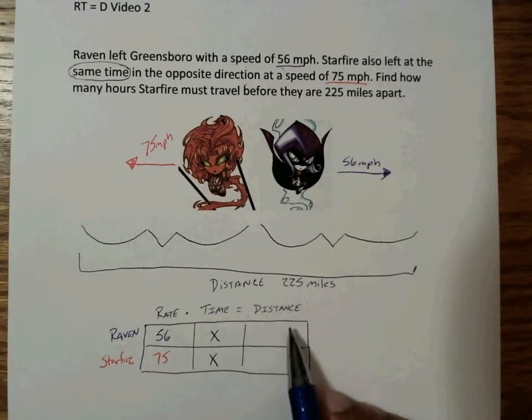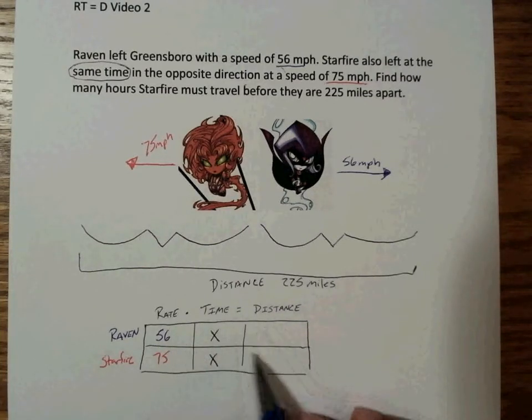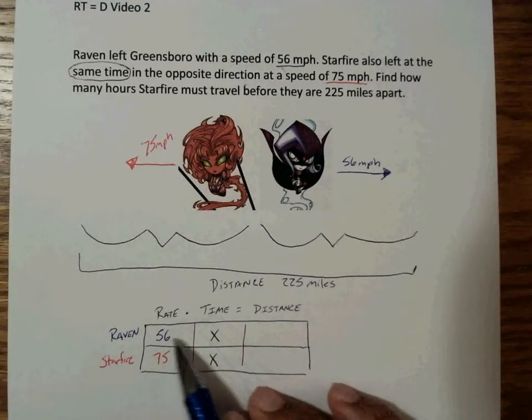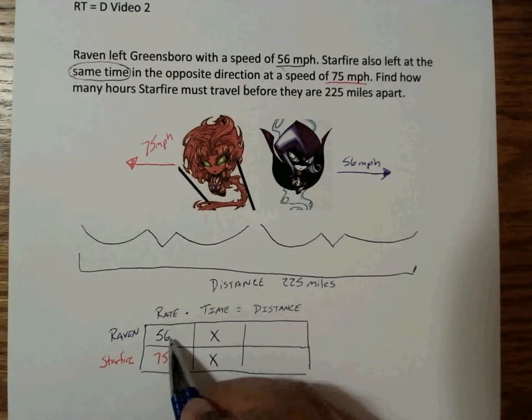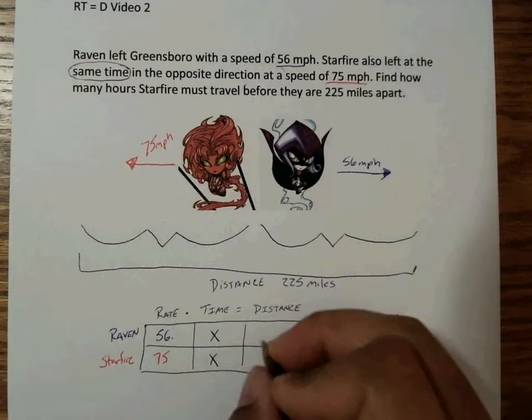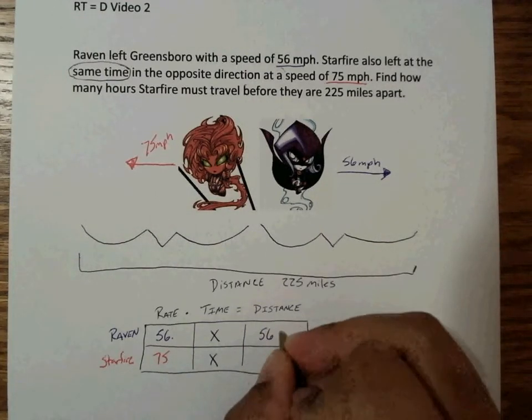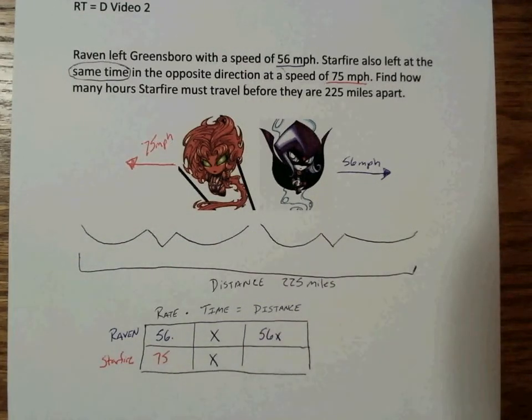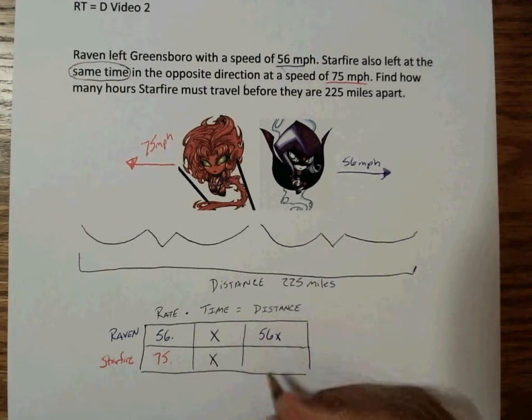And the way we find distance is always going to be the same. If we have rate and we have time, we're just going to multiply them together. So 56 times X is 56X. And for Starfire, we do the same thing. 75 times X is 75X.